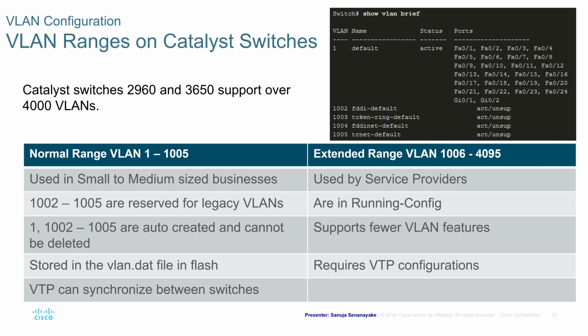The normal range VLANs, you should know, are used in small to medium sized businesses, and typically run from 1 to 1005, and 1002 to 1005 are reserved for legacy VLANs. On all Cisco devices, Catalyst switches 2960 and 3650, as well as many other Cisco devices, VLAN 1 and VLANs 1002 to 1005 are auto created and cannot be deleted, and they are stored in the vlan.dat file in flash.